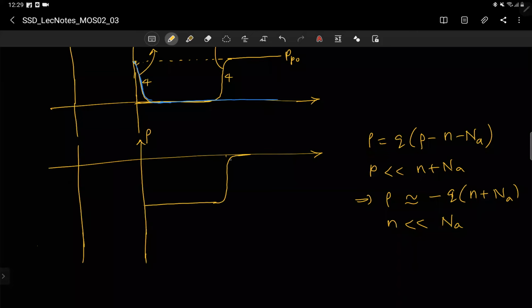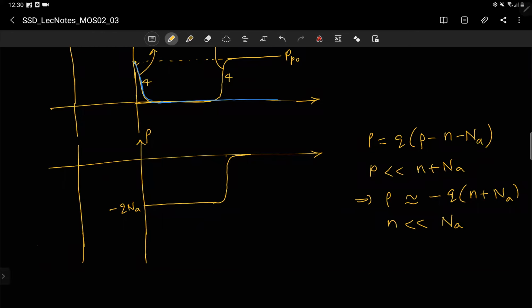So this is how the Na minus charge will be there. On top of this, I have to add the electron concentration, so minus q times (n plus Na). If you keep this n aside, it will be minus qNa. But there is electron concentration also, and I have to add that.